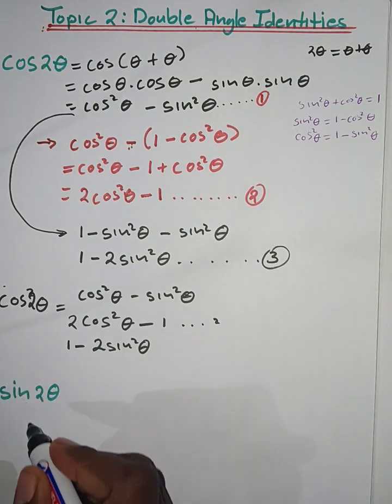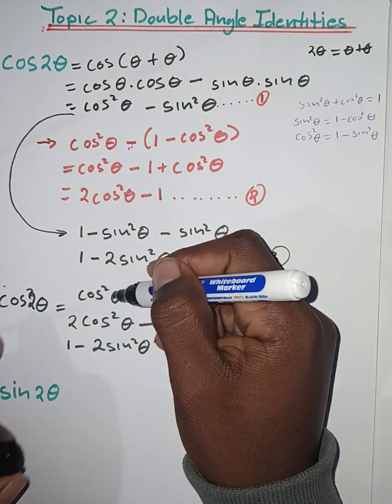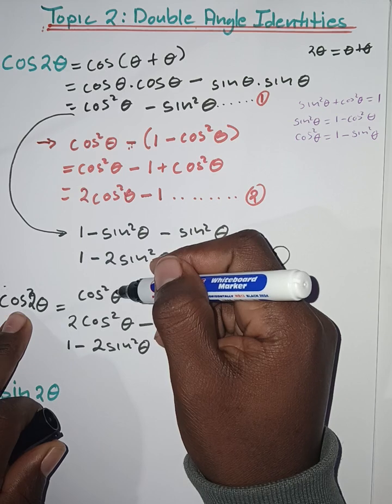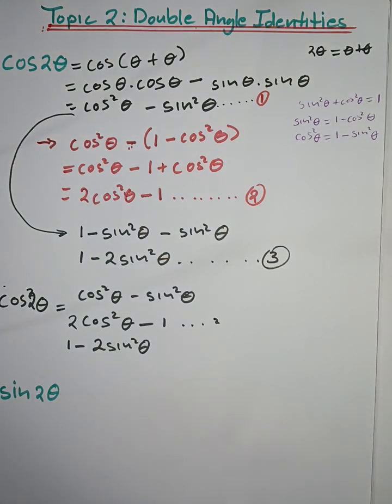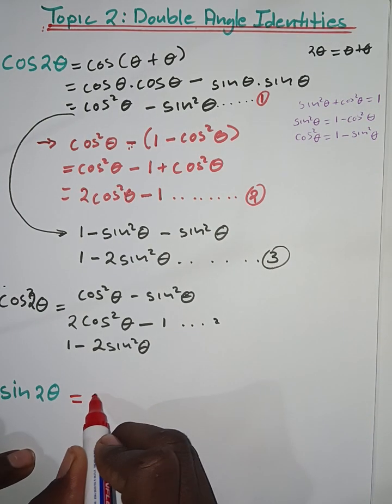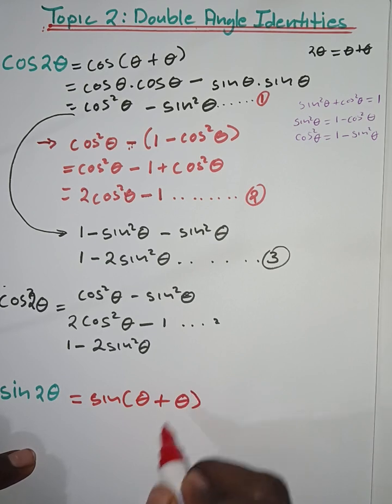So of course we also have the one for sine. These are the only 3 versions for the cos double angle identity. But for sine, we're going to do the same thing. We're going to rewrite 2 theta as theta plus theta. So this would be sine of theta plus another theta.